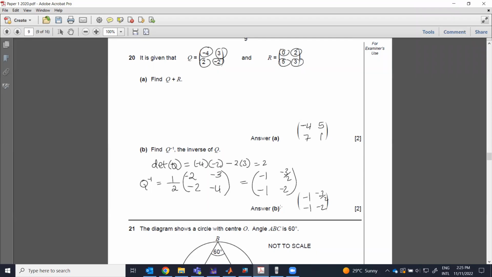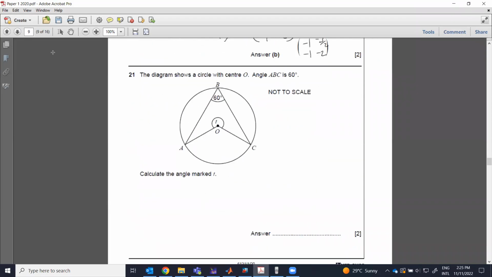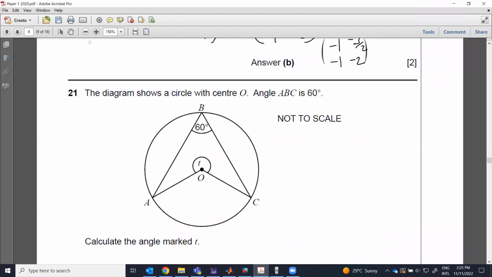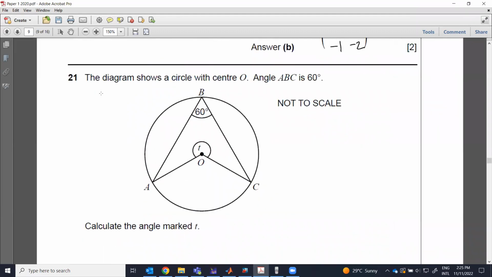All right. Okay, then number 21. We can zoom in again. Number 21, calculate the angle marked T. So O is the center, ABC is 60. Now this is from your circle theorems. The theorem says that if you have two radii, they form an angle at the center, and then from the same two points to any point on the circumference, this angle here is double of that one.